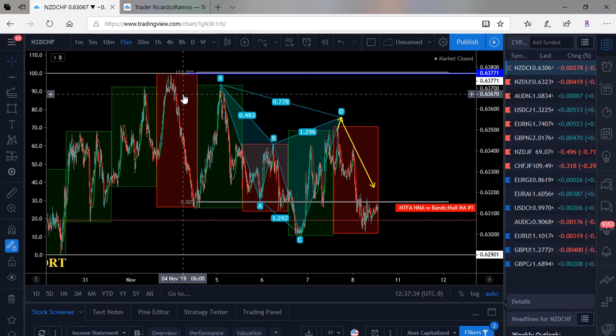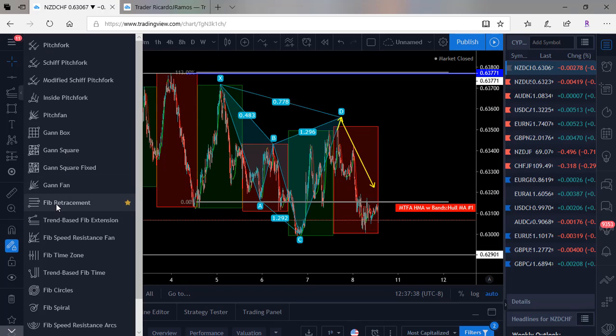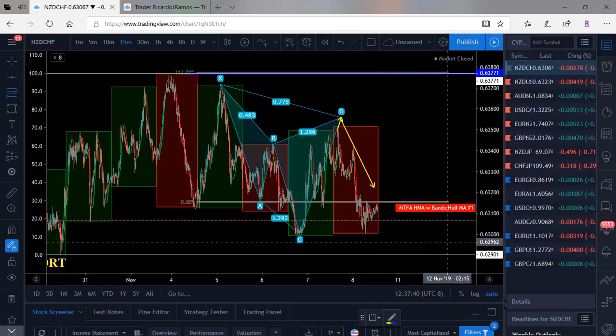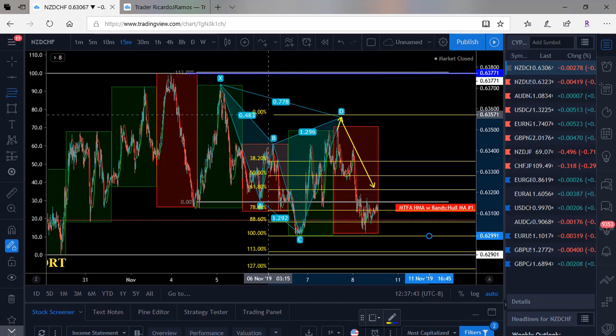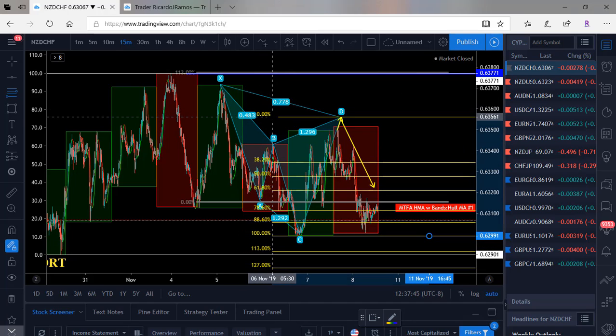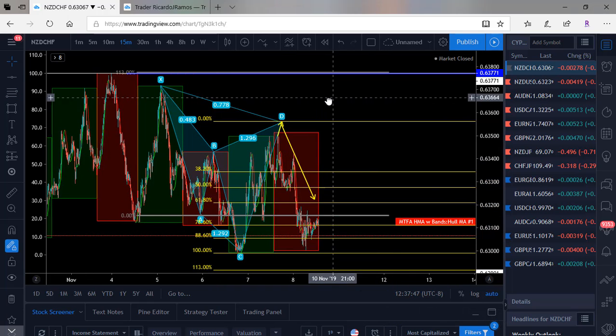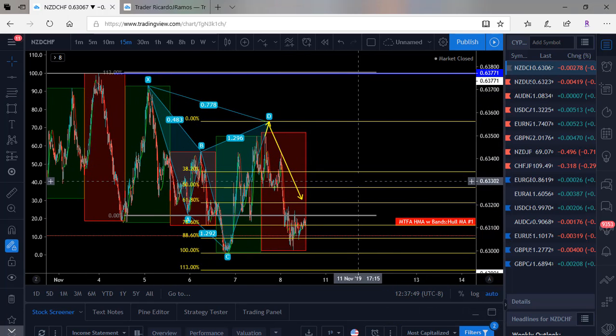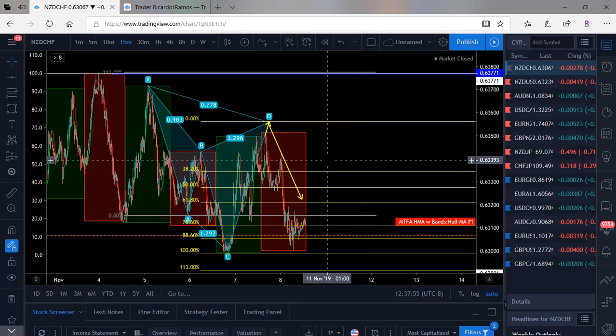And the way we calculate the TPs, we use the Fib retracement from C to D, where the 38.2 will be TP1 and 61.8 TP2.